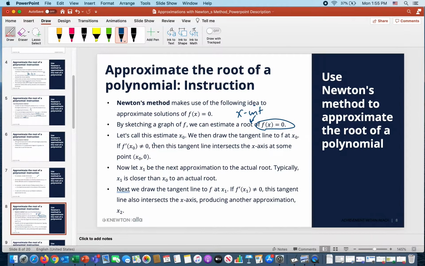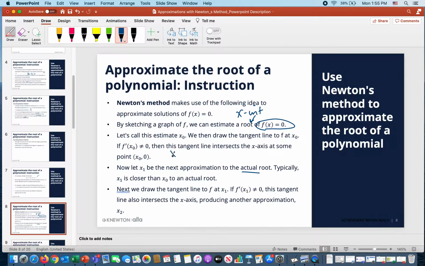If this x0 is an estimate, then we can draw tangent lines to the function at x sub 0, where f prime of x sub 0 is not equal to 0. In other words, it's not a horizontal tangent line. x1 is going to be the next approximation to the actual root.